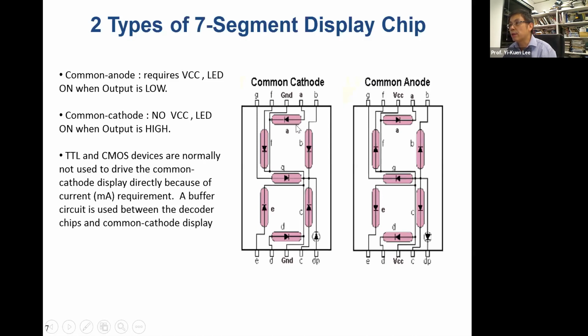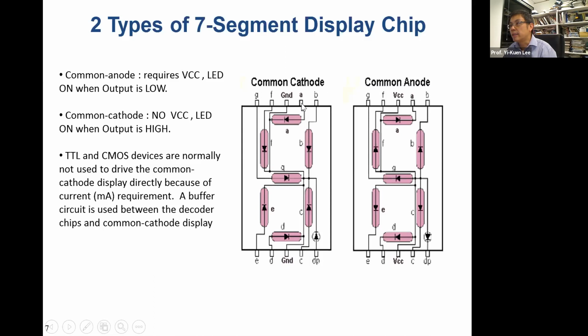Basically we can provide maybe VCC 5 volt from an Arduino digital output, and here one is the positive side of the LED, another is the negative side. You see this negative side, the terminal of the LED, will be connected all the way to ground.